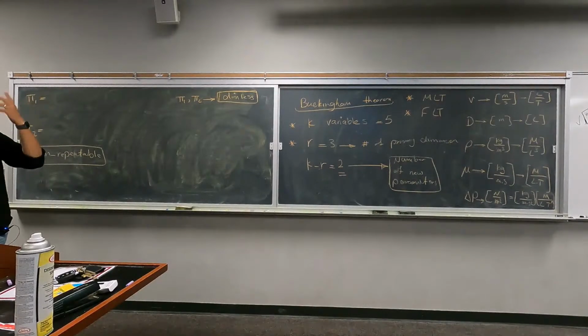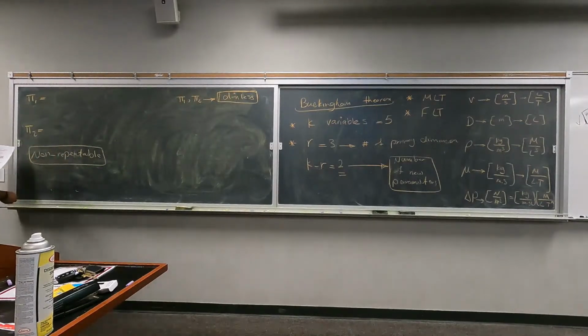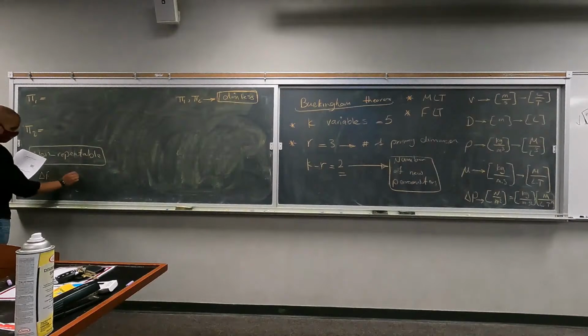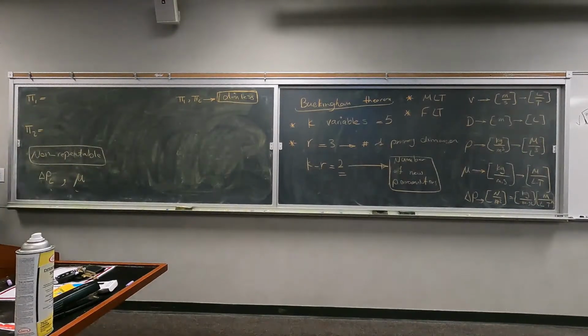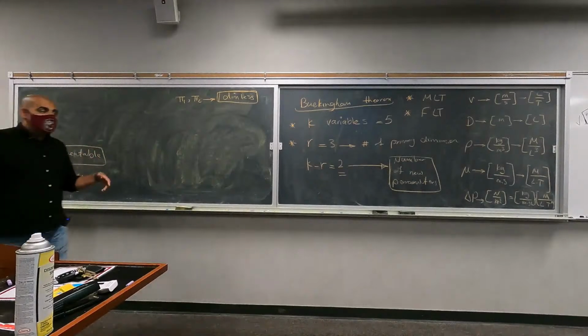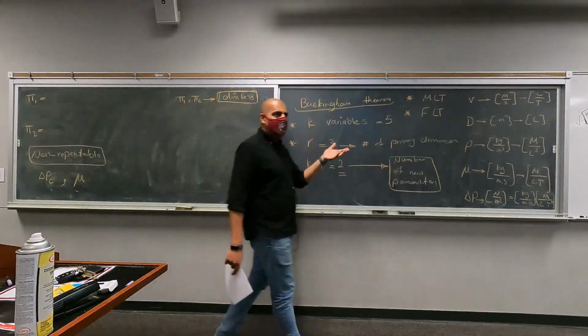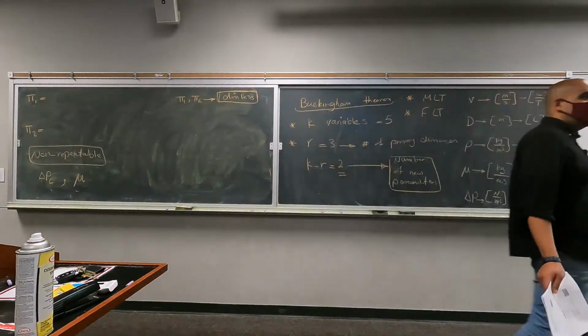Like velocity, for example, can be represented in both of them. So these two non-repeatable, we have to make sure that 2 of them are at least non-repeatable. I'm going to choose the pressure drop and viscosity. How do we choose this? Just based on experience, right? Or based on your problem. Doesn't really matter what you choose. As long as you follow the same procedure, you may get a different solution, but it doesn't mean your solution is wrong. You just have gotten a different solution.